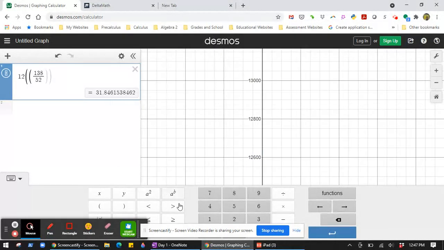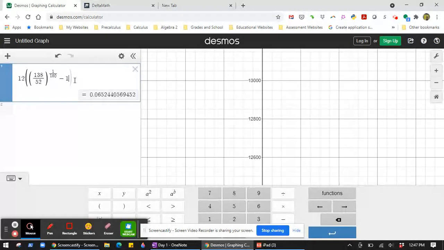So I go up here, 1 over 180. And then I need to subtract 1 from that. Make sure I get down here, right? Minus 1. And I get 0.0652. I'm going to write more than I'm probably going to need, 0.06524. I think that should be good enough.